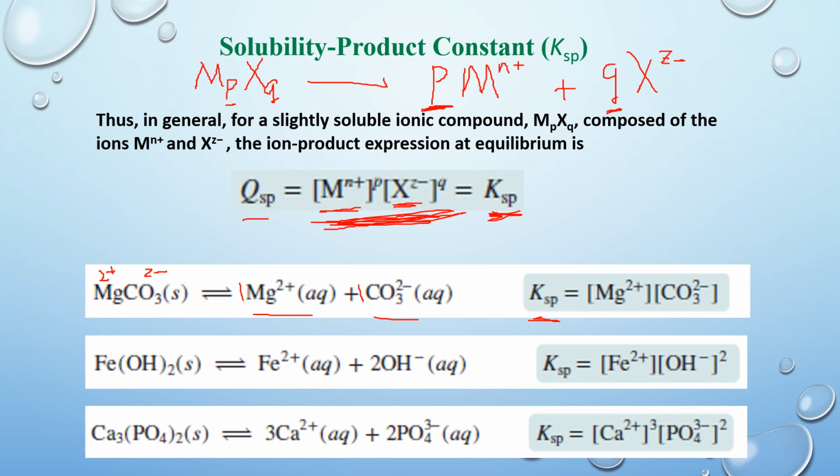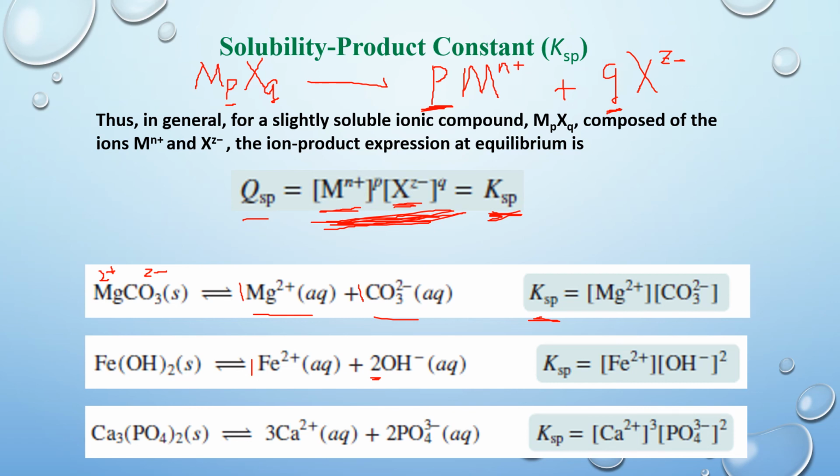For the second reaction, iron 2 hydroxide, when it dissolves, it will generate 1 iron 2 cation and 2 hydroxide. So the solubility constant for this equation is equal to the iron 2 concentration multiplied by the hydroxide concentration squared. The square comes from the coefficient.